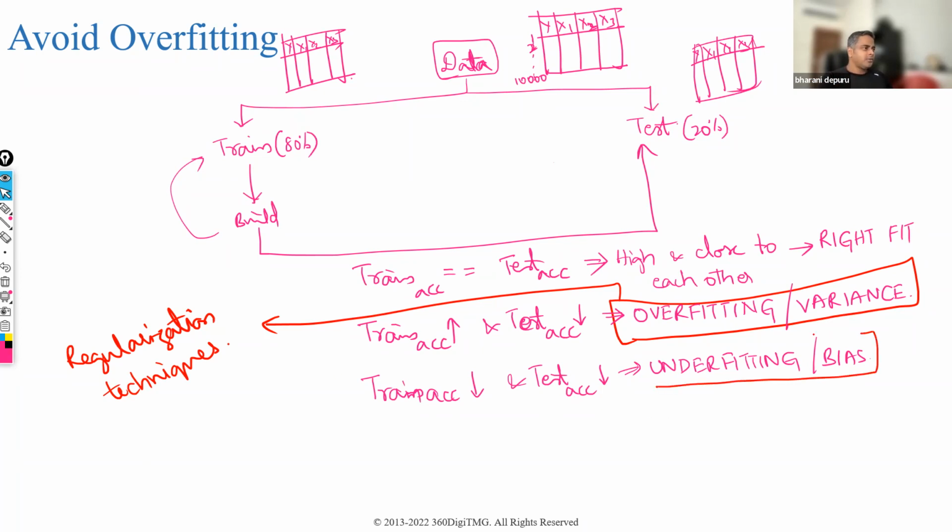Underfitting issues are usually solved by getting access to more data. If you get more rows, if you get more columns, issues are fixed.